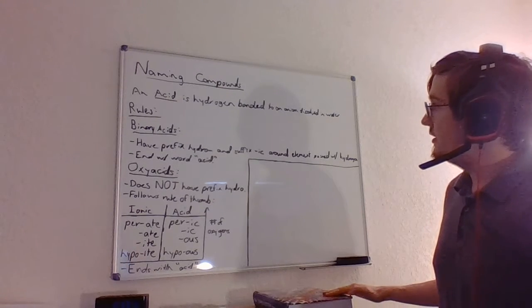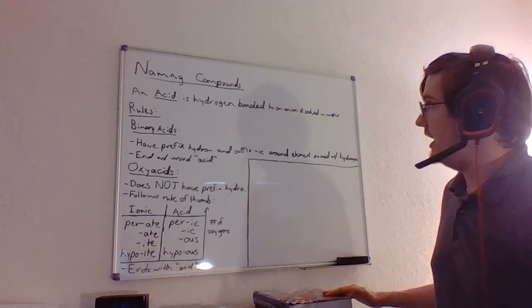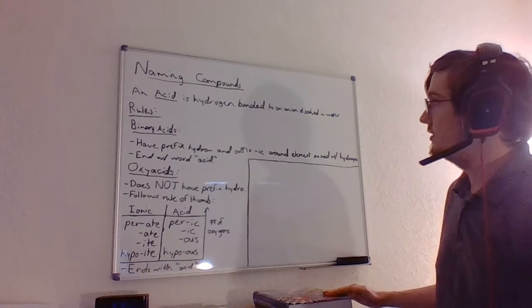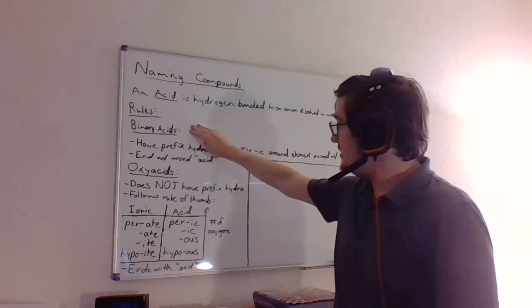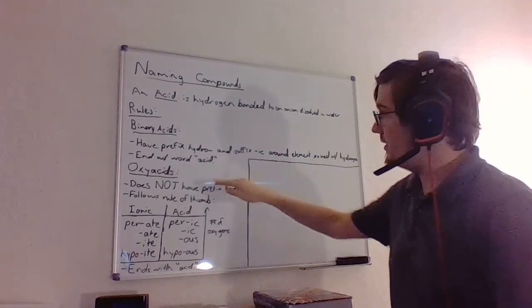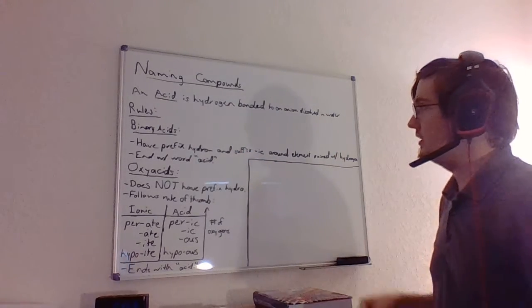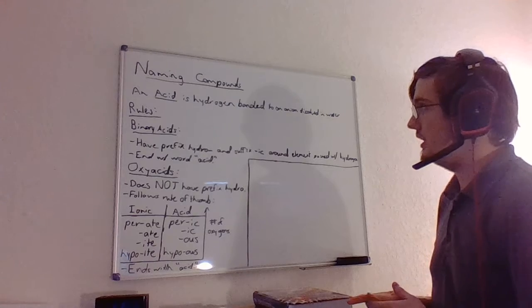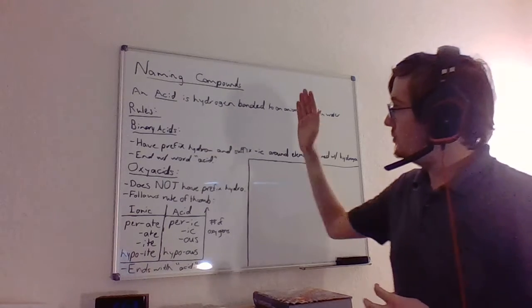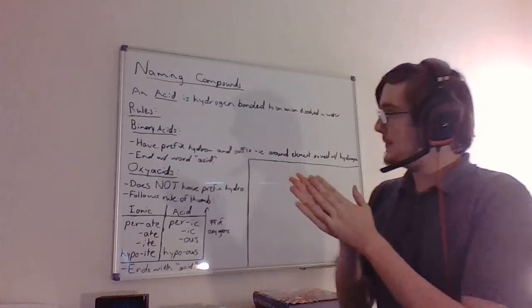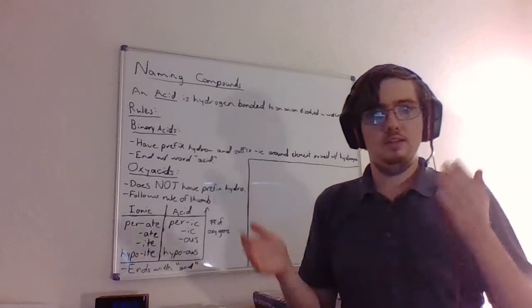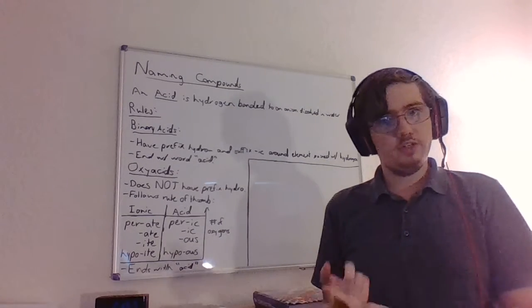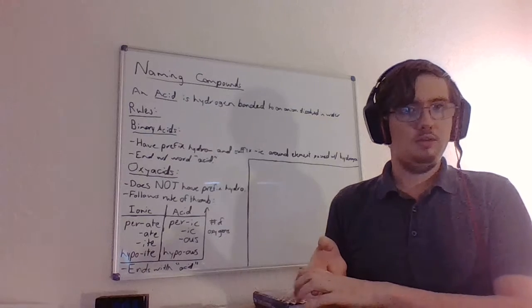Now, there are actually two sets of rules that we have here, instead of just one, for binary acids and for oxyacids. There's a difference between these two, as if you haven't guessed. A binary acid is an acid with hydrogen and one other element.